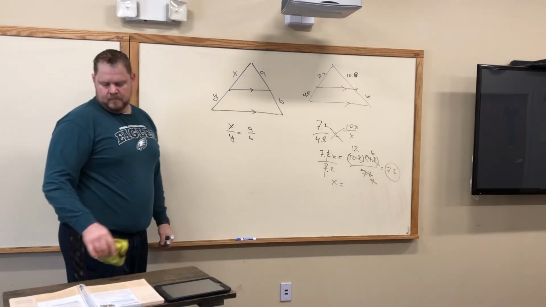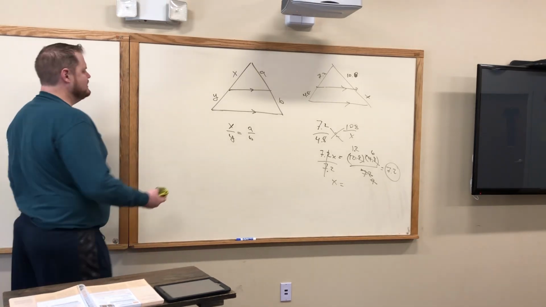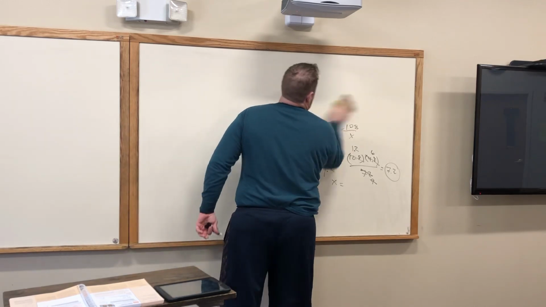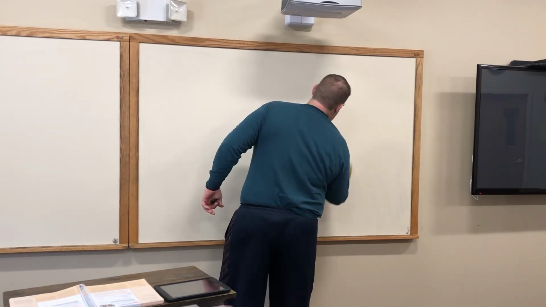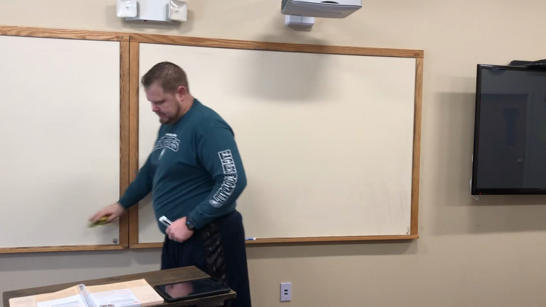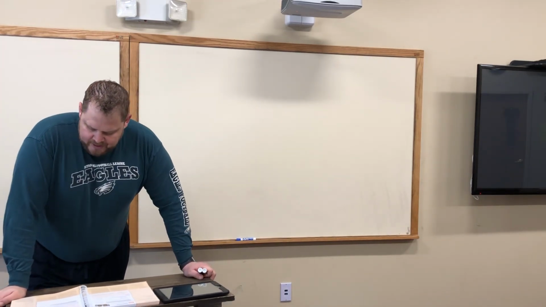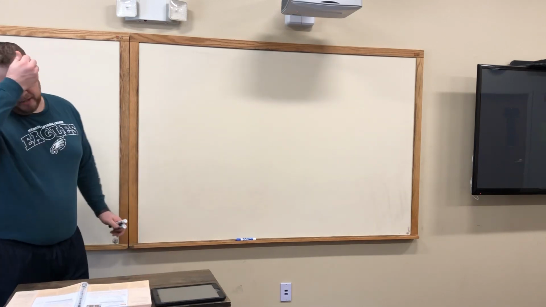Now, the next theorem goes right along with this. I'm going to read it for you. It says, 3 or more parallel lines divide transversals into proportional sections.